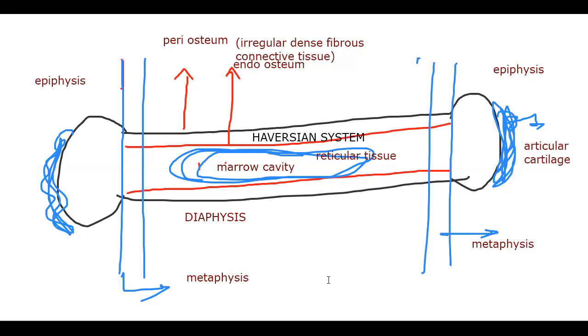Okay. Next, the tip of long bones, which we call epiphysis, contains irregularly arranged matrix. The matrix here is irregularly arranged and filled with red bone marrow in between.